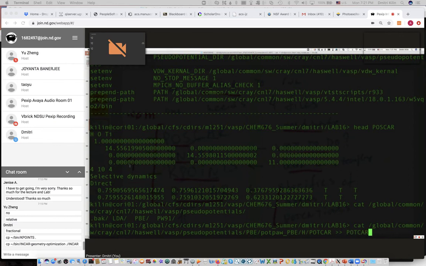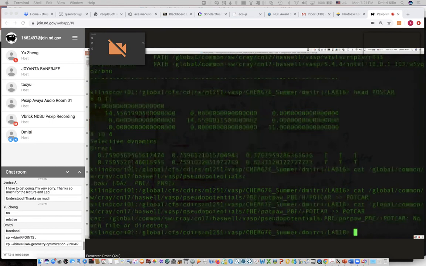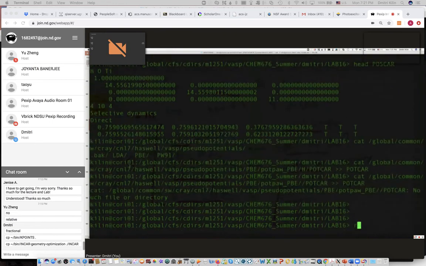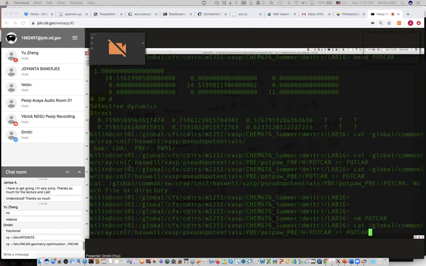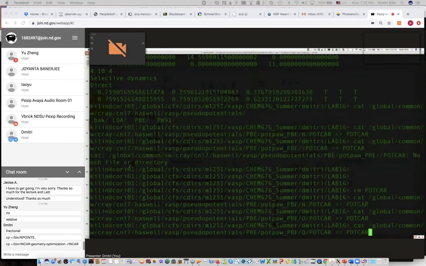Then doing the same, replacing hydrogen with oxygen, and then replacing oxygen with titanium.